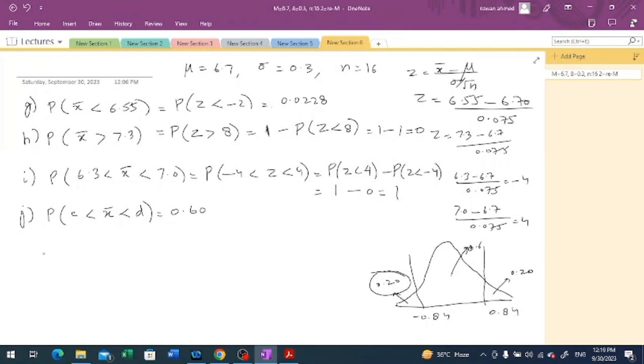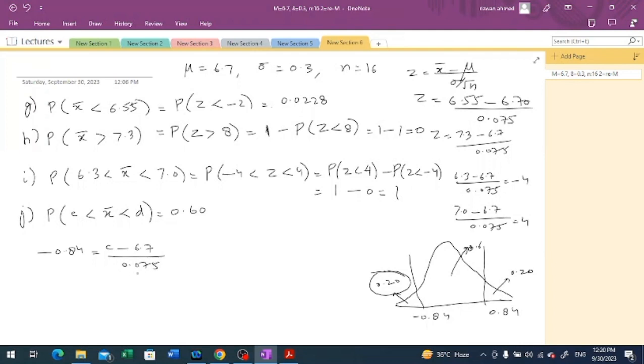Now converting to the corresponding values of C and D, which are defined as the lower and upper bound for X bar for the middle 60% of the sample mean values. For the lower bound, C, minus 0.84 equals C take away the mean value 6.7, divided by 0.075.